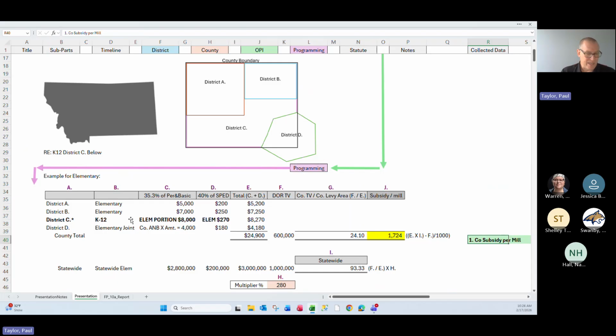The elementary portion has a specific rate. The E and M added together is what we call a level, and that level is called elementary. The H has a particular rate for both per and basic, and that is also a level unto its own called high school. So that's how we figure that one out.